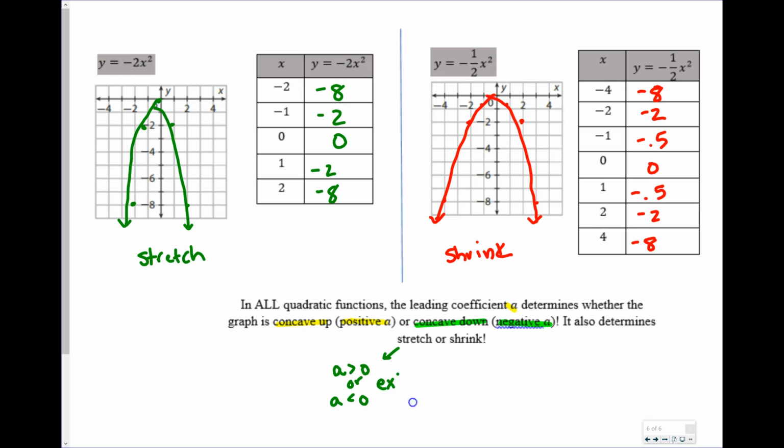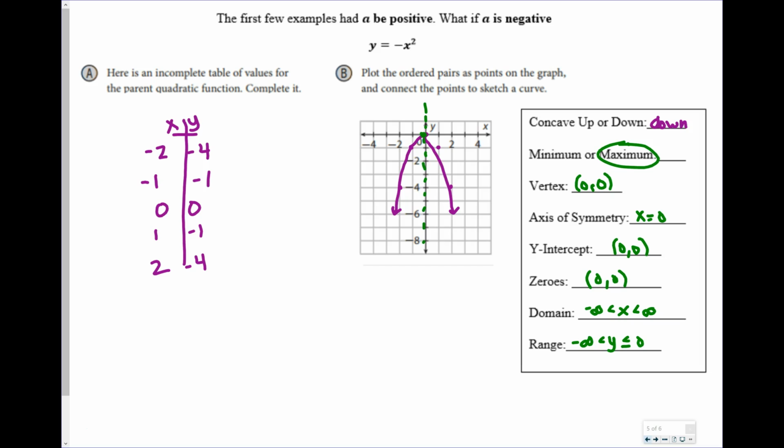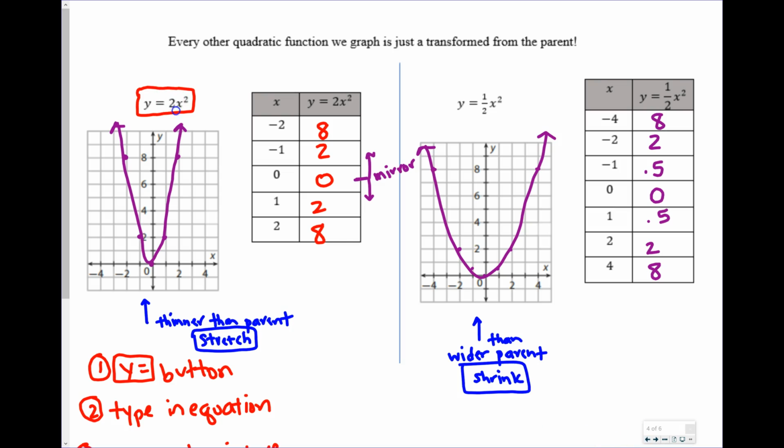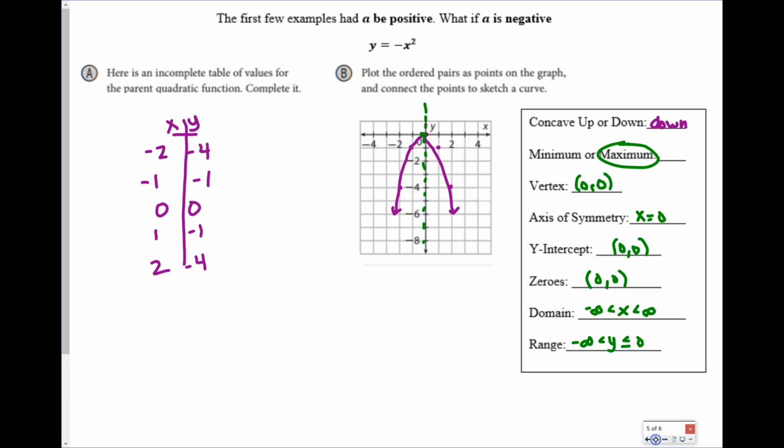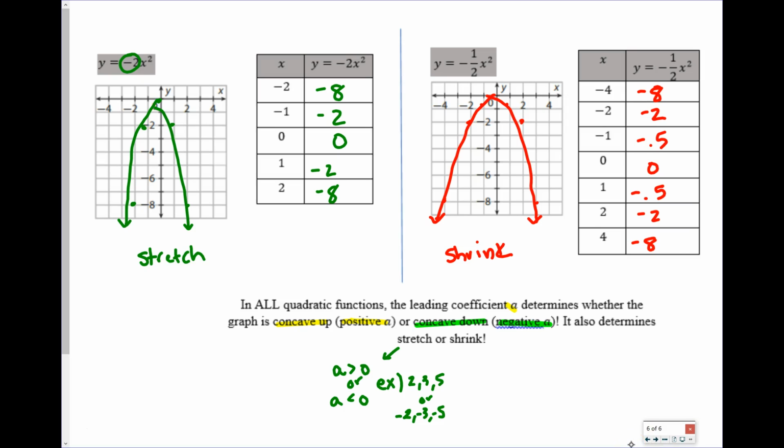For example, if you've got numbers like 2, 3, 5, or -2, -3, -5, those are stretch numbers. See how I've got a -2 here and it was a stretch? And on the other page, I had a +2 and it was a stretch. So if you have positive whole numbers or negative whole numbers, that means it's a stretch.